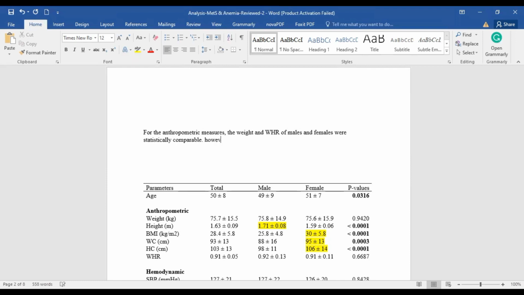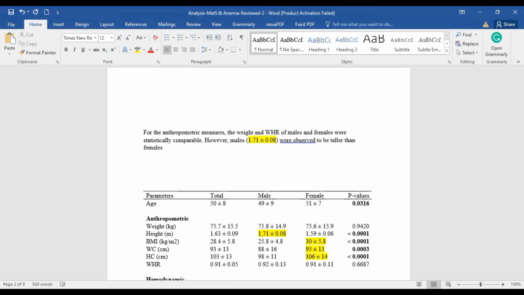However, the heights of males were observed to be taller than females. So we can put into brackets here the value. So we copy this. And here then we test. Taller than females. Then we'll put the females one in brackets.